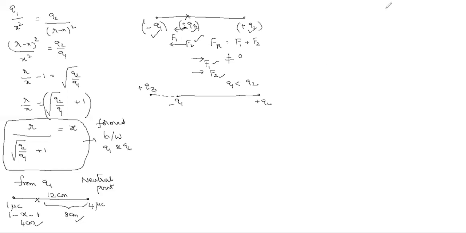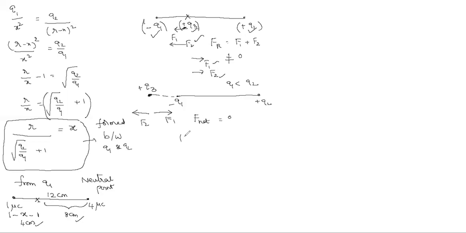So I take this as Q3, and look at plus and minus, attraction. And on Q3, due to Q2, plus and plus, opposite direction. Now there is a chance, because you got the forces in opposite directions, so there is a chance for F net to equal 0.